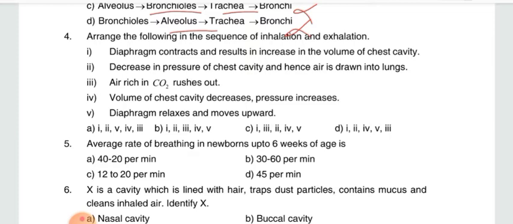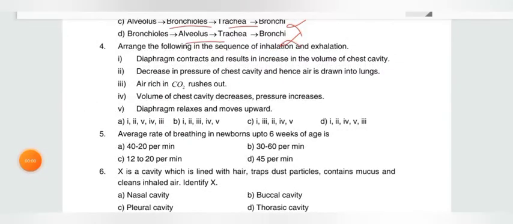Next, the fourth one. Arrange the following in the sequence of inhalation and exhalation. During inhalation, what will happen? The diaphragm contracts, the volume of the chest cavity increases, pressure is decreased, and hence air is drawn into the lungs.